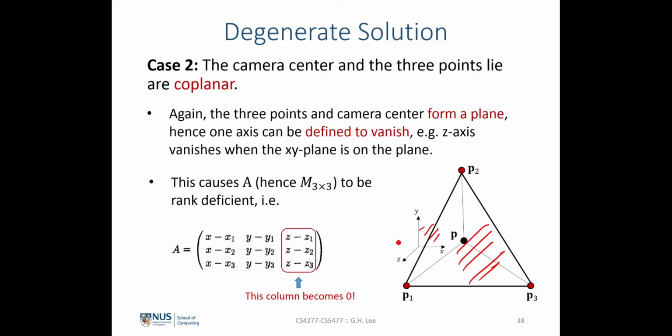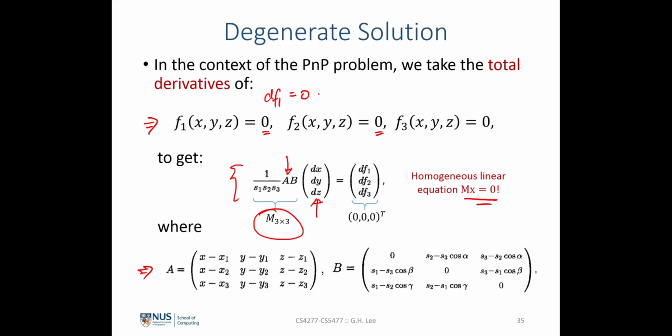This means that the z coordinates of all the points would become the same, and the last column in the A matrix would become 0. This means that A becomes rank deficient, which also causes the M matrix to become rank deficient. As a result, we get a non-trivial set of solutions for dx, dy, dz, and this means that the configuration becomes degenerate.